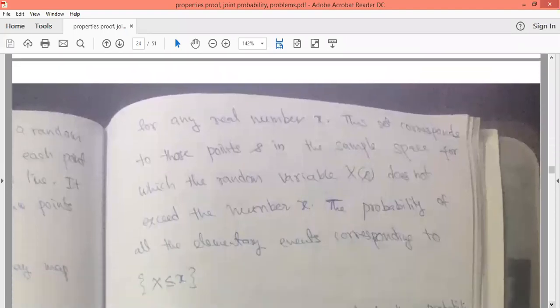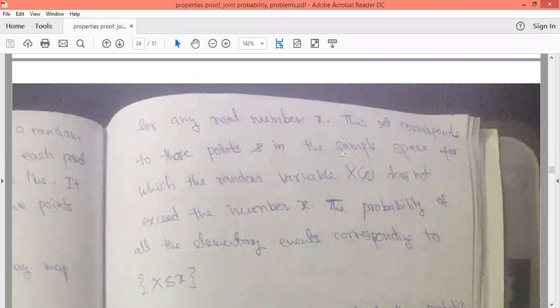What is a random variable? A random variable is a function of the elements of the sample space. For example, if the sample space has 6 elements, the random variable should also have values less than or equal to 6, not greater than 6.